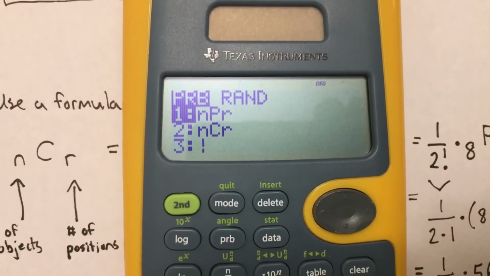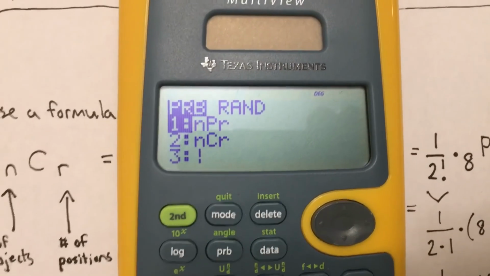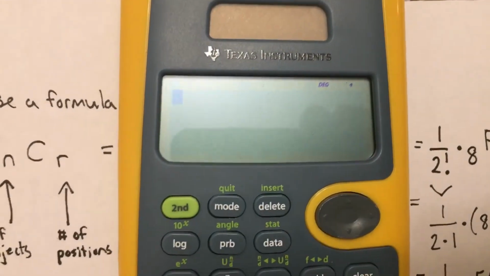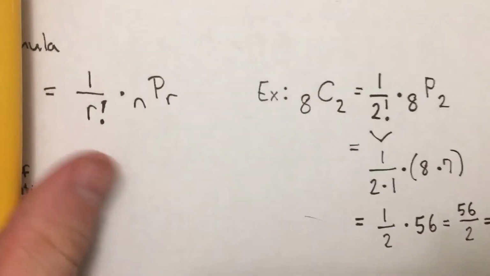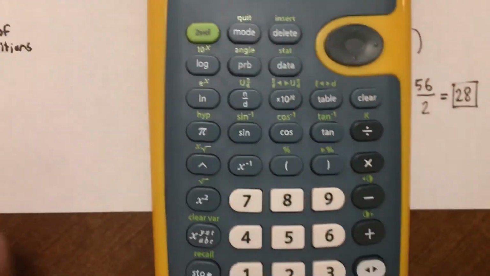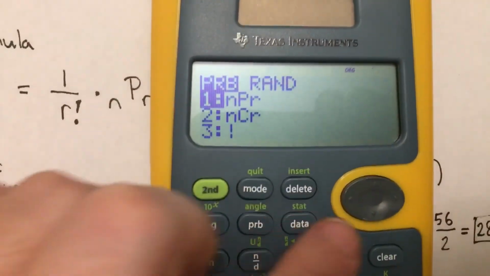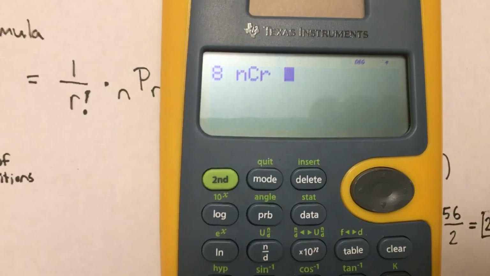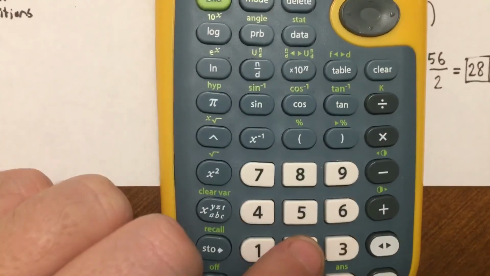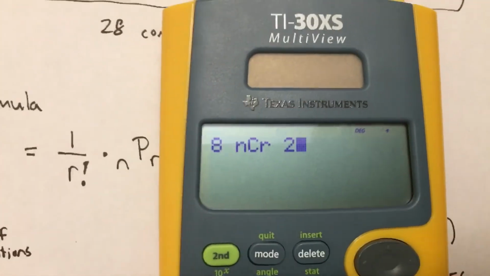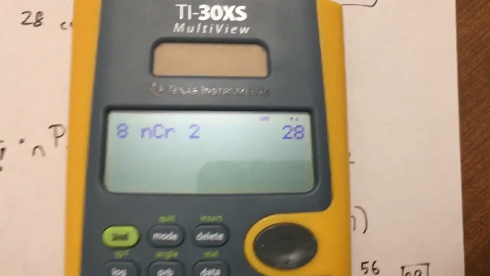That is the command you would use for calculating combinations. On this calculator, the way you would calculate 8C2 is you would hit the 8, then the probability button, nCr, and then choose 2. So that's what the format looks like. Hit enter, and there's our answer, 28.